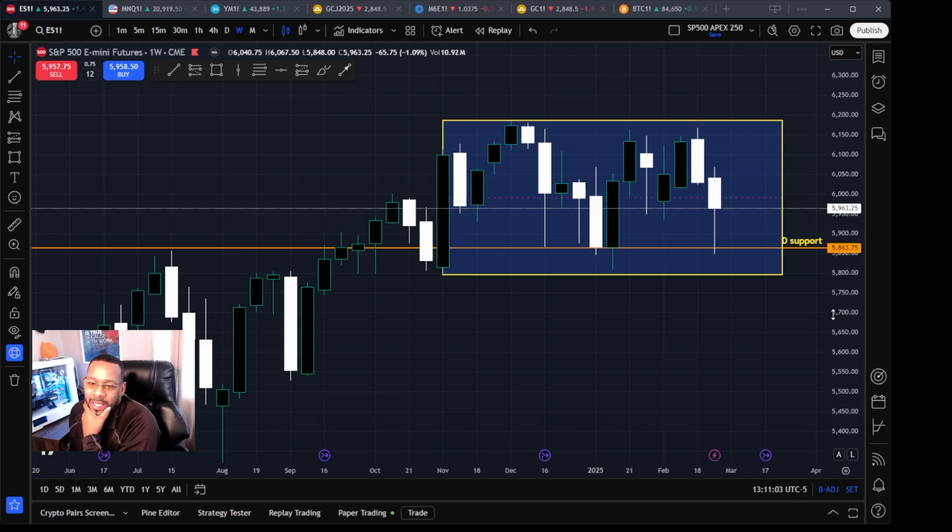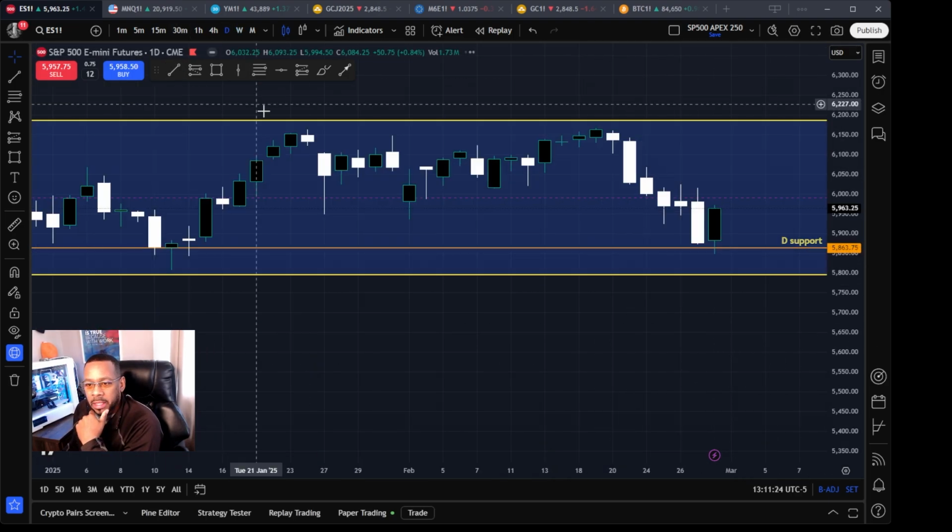I wouldn't necessarily say take any shorts, but as you can see, when it comes right back down to this daily support line, it's been rejecting from that point. Same thing here. It came all the way down and just shot right back up. So we're still seeing support right here at 5863.75. Let's look at our daily.